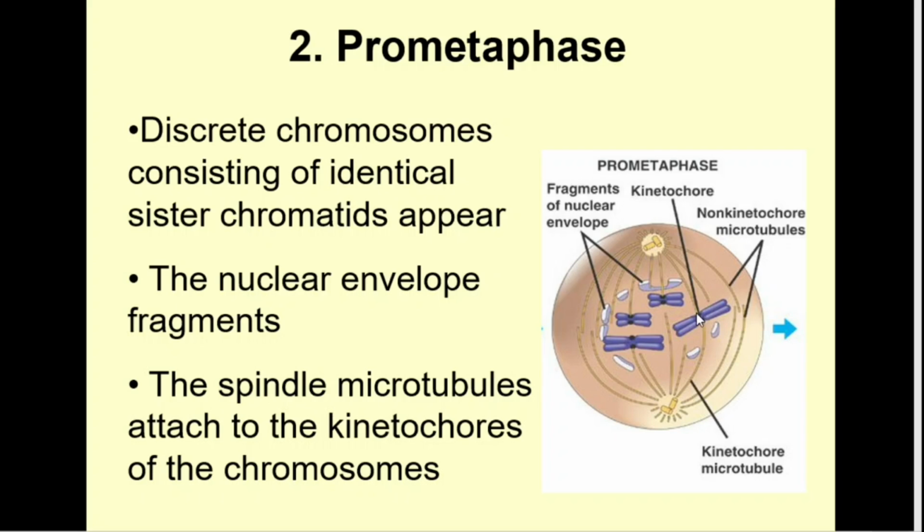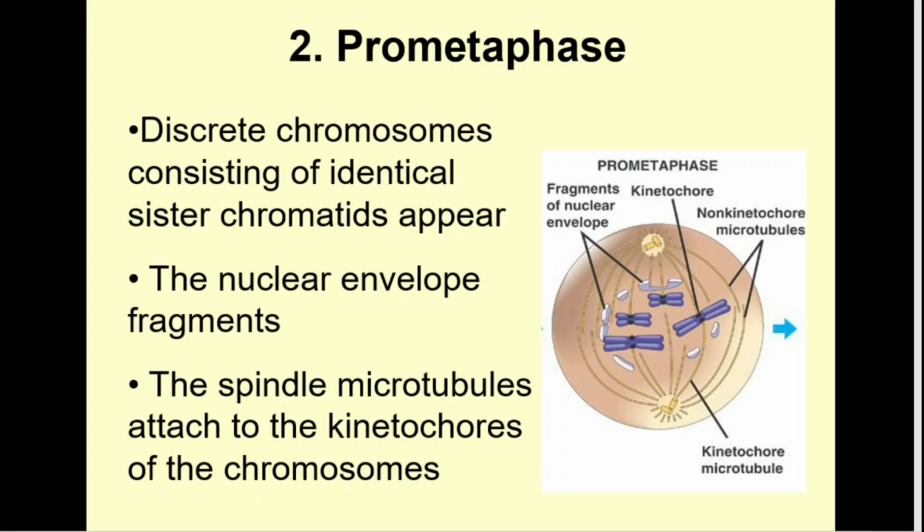These kinetochores are just little patches of protein located at the centromeres of each chromosome, and microtubules will attach to the kinetochores. Okay, so what that will mean is the microtubules can now start moving the chromosomes around because they are attached to the chromosomes. Where do they attach? They attach to kinetochores located at the centromeres.